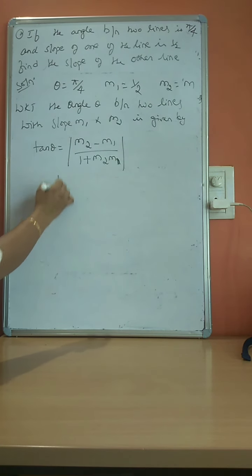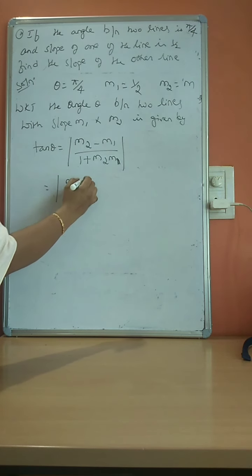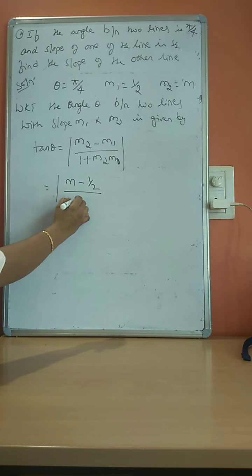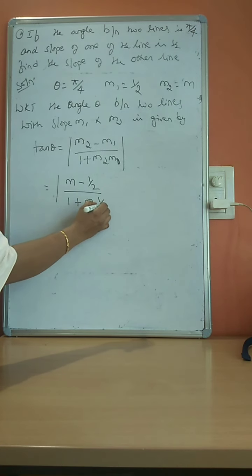So this is equal to, the value of m2 is m, minus the value of m1 which is 1 by 2, whole thing divided by 1 plus m into 1 by 2.